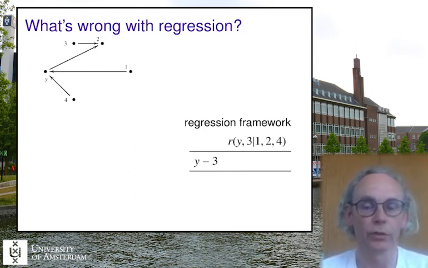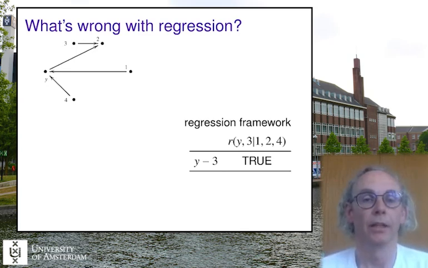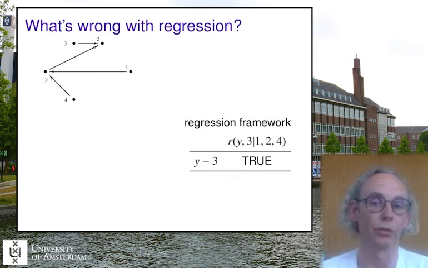The other variables are also conditioned on, but they are irrelevant for that connection. So we find that there is indeed a partial correlation between y and 3. And so we conclude from a regression point of view that 3 is important for y, and we may conclude that manipulating variable 3 might lead to a change in y.